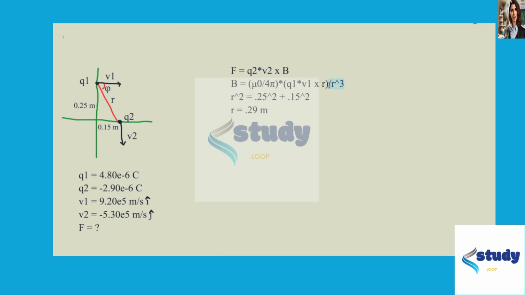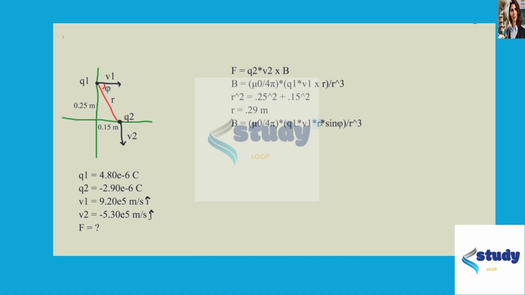Now our expression for the magnetic field can be written in terms of v1 times r times the sine of this angle phi. Before we actually get into this, let's just see quickly that there's a factor of r up here and a factor of r down here.